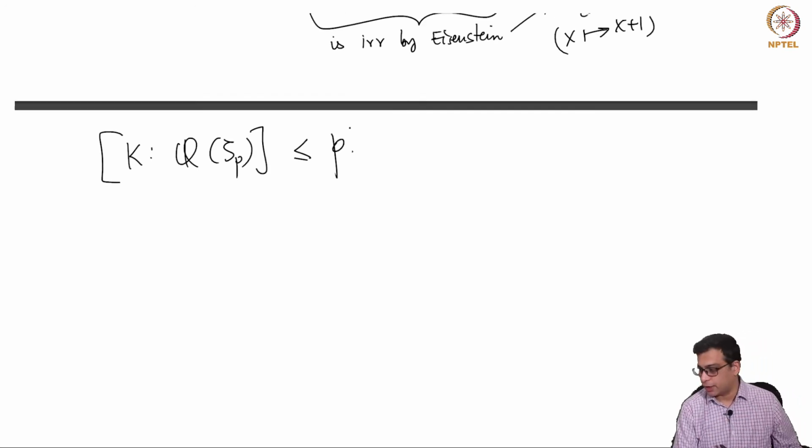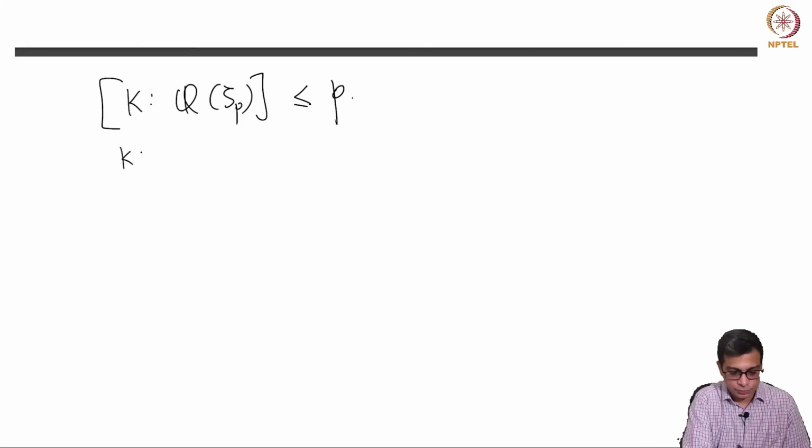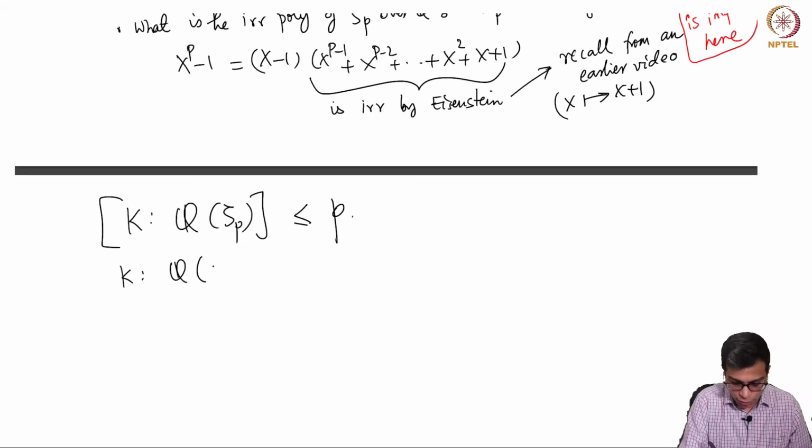I claim that that's at most p. So this degree is less than or equal to p, and similarly this degree is less than or equal to p minus 1. Let me show it.